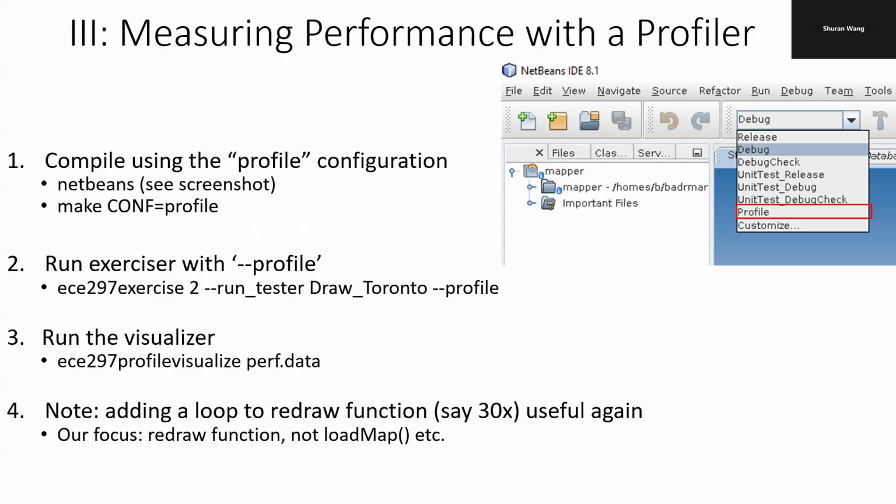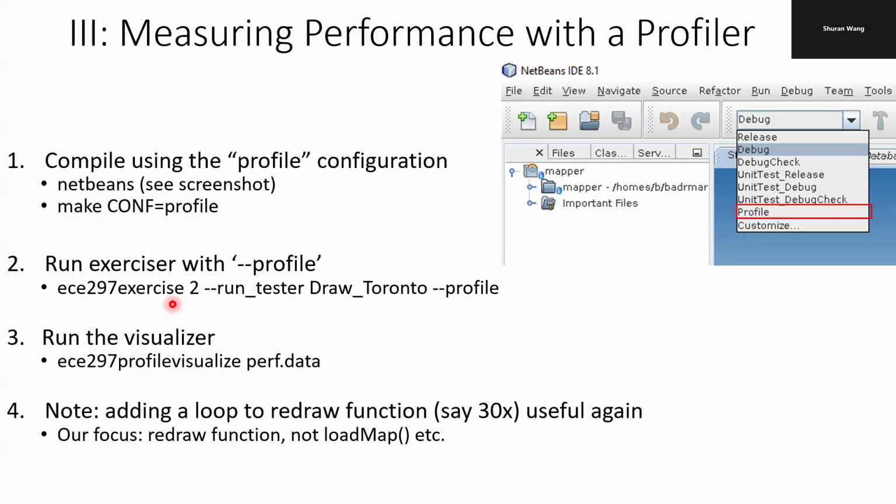Our third option is to measure the performance with a profiler. What we need to do is first compile using the profile configuration. We already saw how we do that in VS Code, and there is the configuration inside NetBeans as well, and you can also do it on the terminal. Then we run the exerciser with --profile.